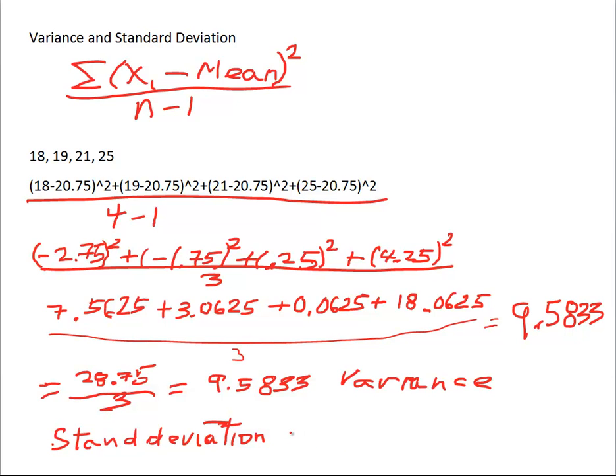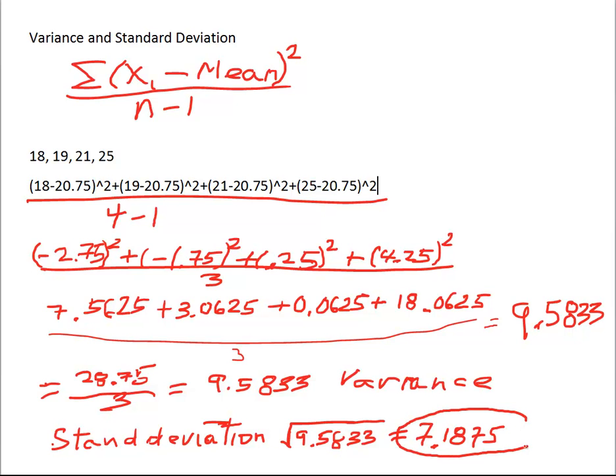You take the square root of 9.5833, and that's going to be 7.1875. So there's our standard deviation, and here is our variance. So hopefully it's pretty easy to calculate.